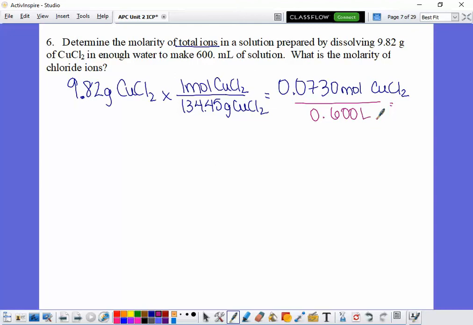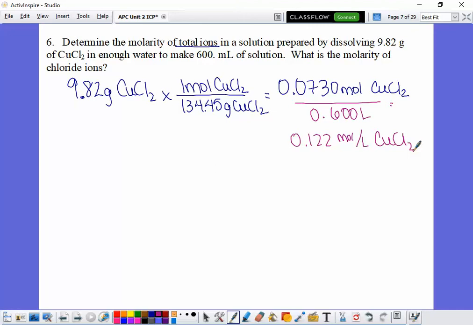What do you get? You get 0.122 moles per liter of what? CuCl2. How many ions does CuCl2 have?